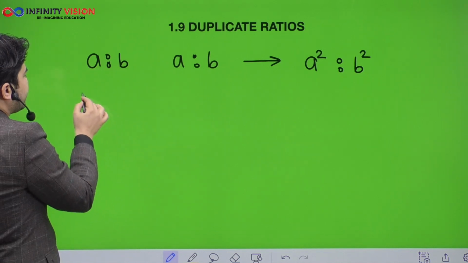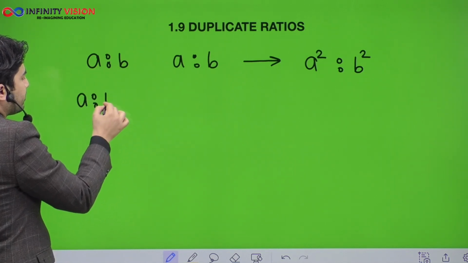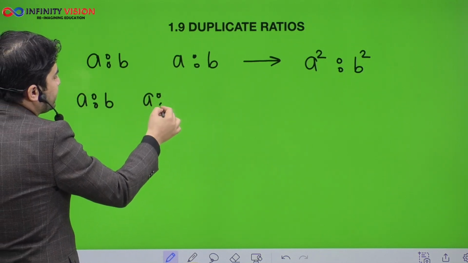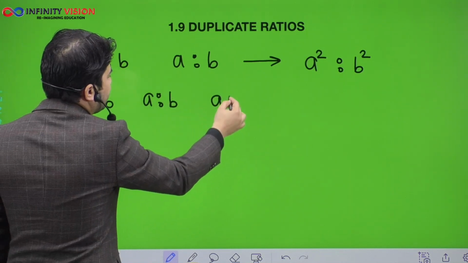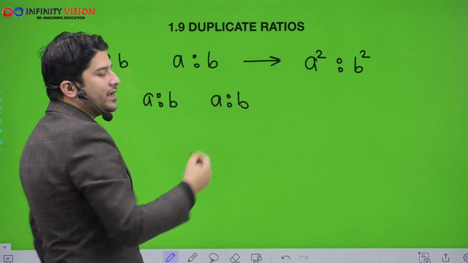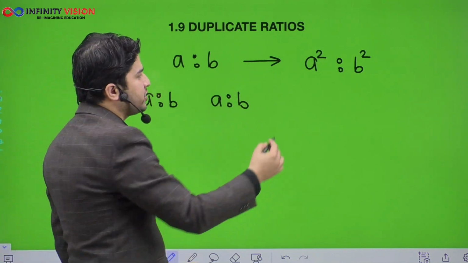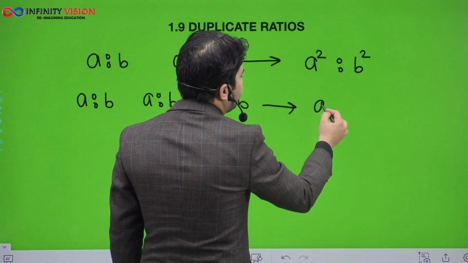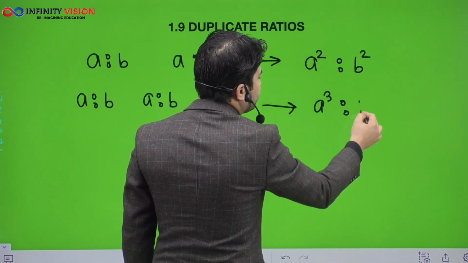In the same way, let's say you have ratio A is to B, and you multiply with A is to B, and then again A is to B. So you multiply A is to B with itself 3 times. You get a new compounded ratio, that is A cube is to B cube.